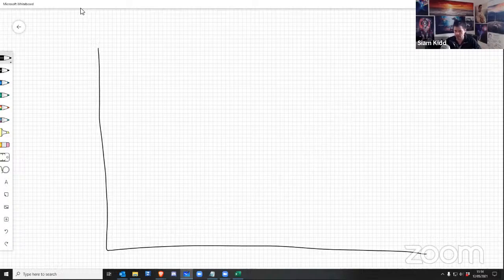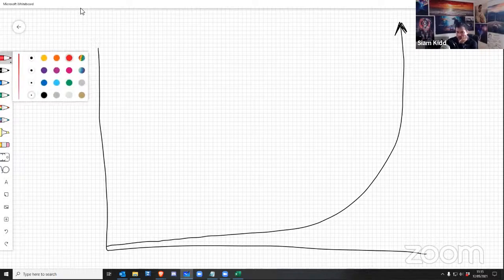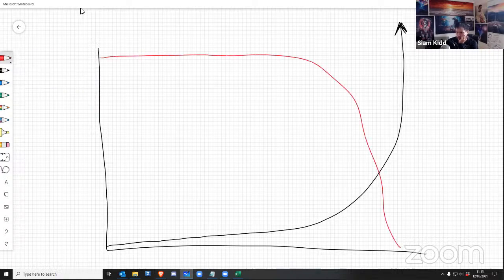This is basically the currency being printed, so this is supply, the total number. And if you were to plot the value of it, the value would be doing something like this, as in your purchasing power disappears.